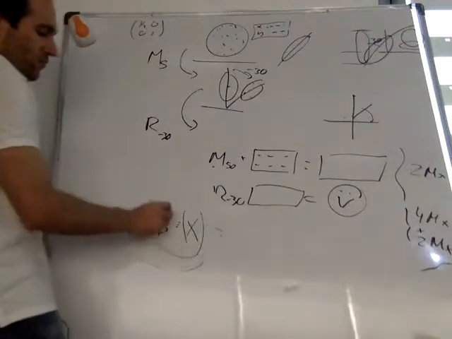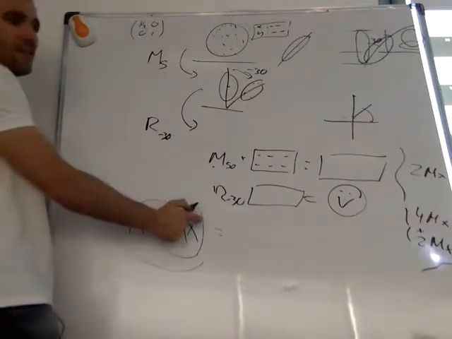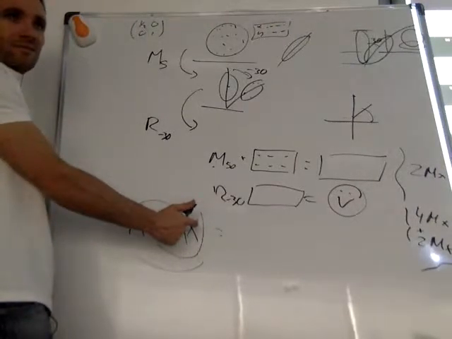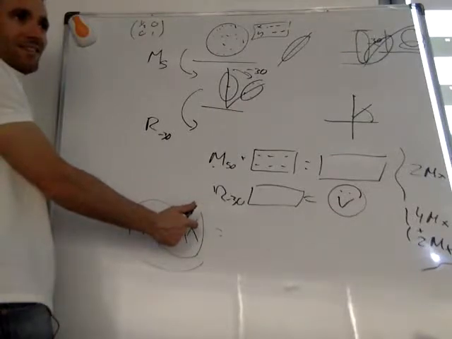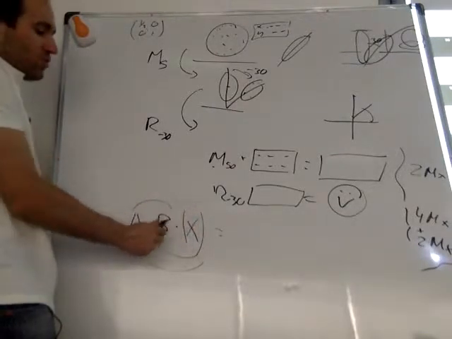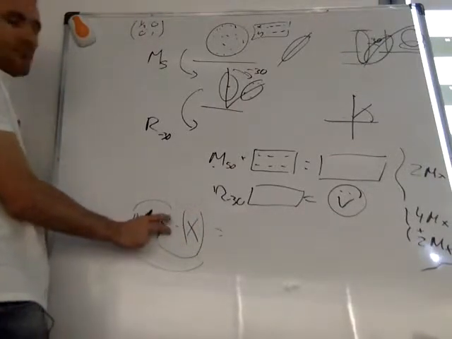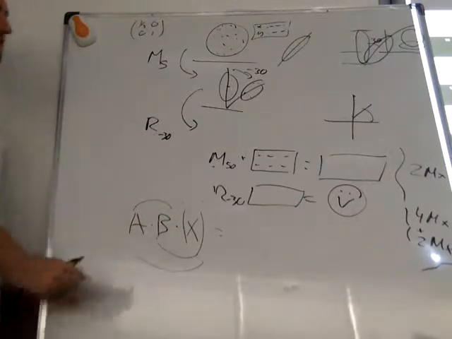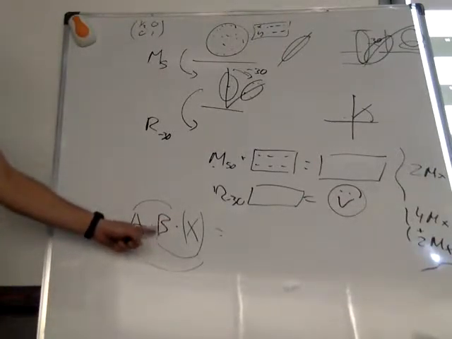You can do first these two and then the big matrix. You get it? So what happens if I do this one first?